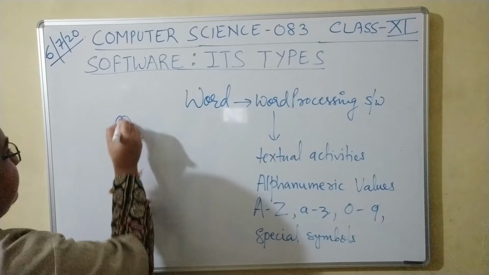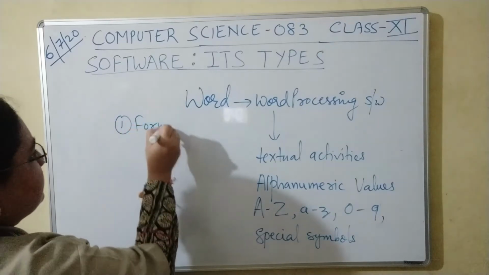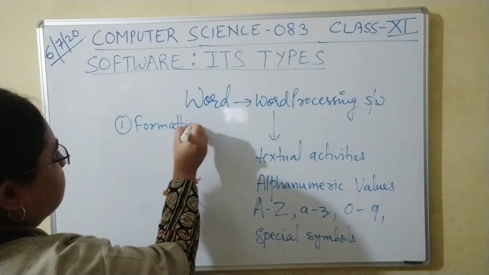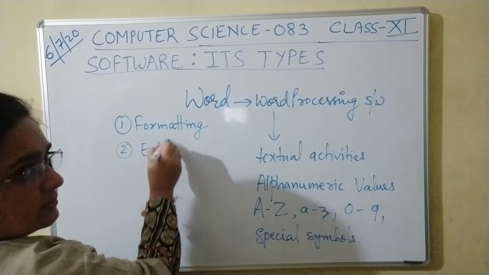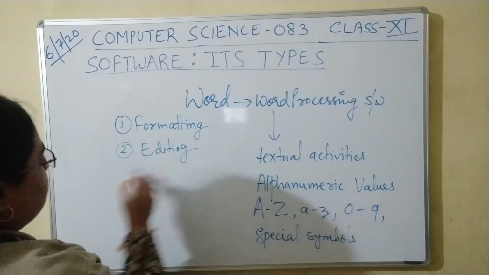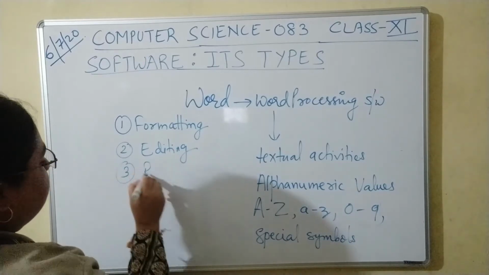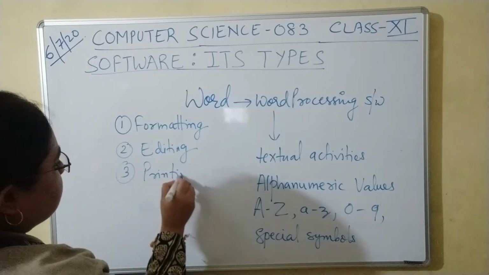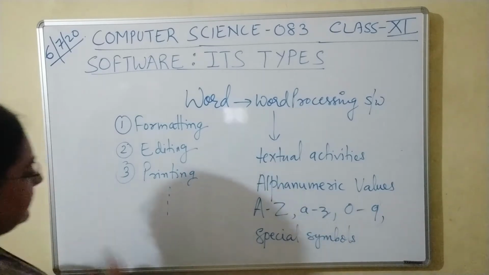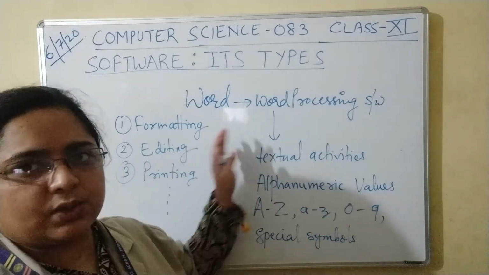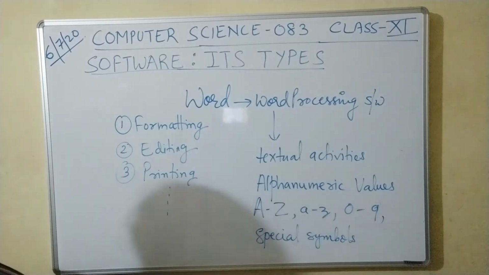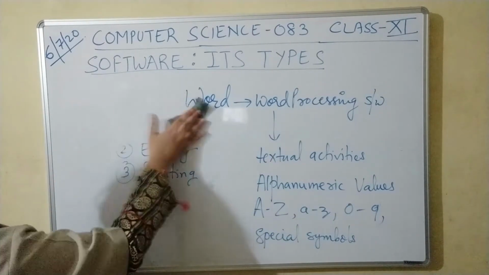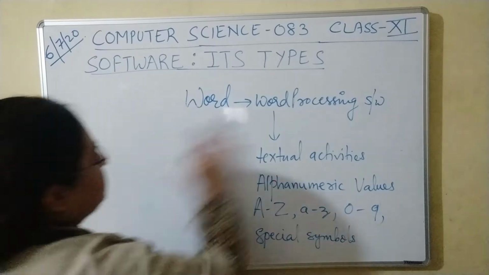We could have features like formatting text, editing text, and printing data or printing text. And many other things which we will be studying exclusively when we study about application softwares. So, let us switch over to our main topic, that is software and its types.